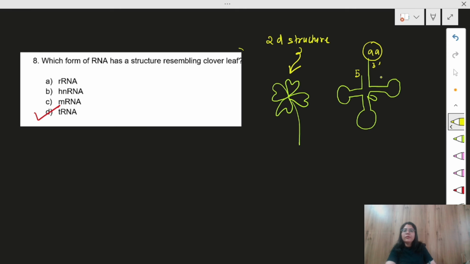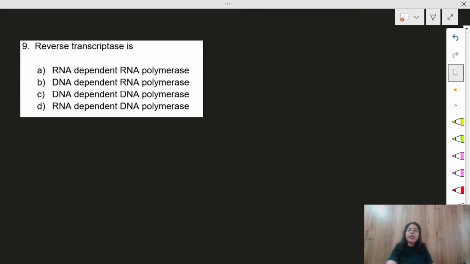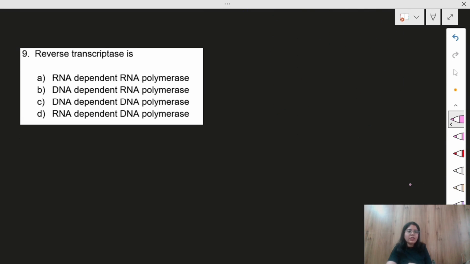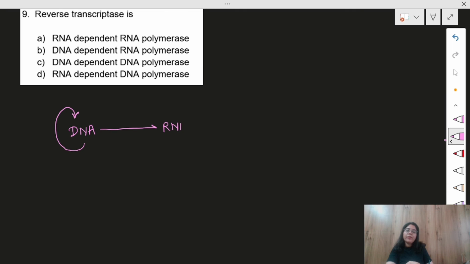Fine. Now, reverse transcriptase is an RNA dependent RNA polymerase? So if I discuss the reverse central dogma of life, you will study there that DNA can make DNA by replication, DNA can make RNA, and RNA can make protein.